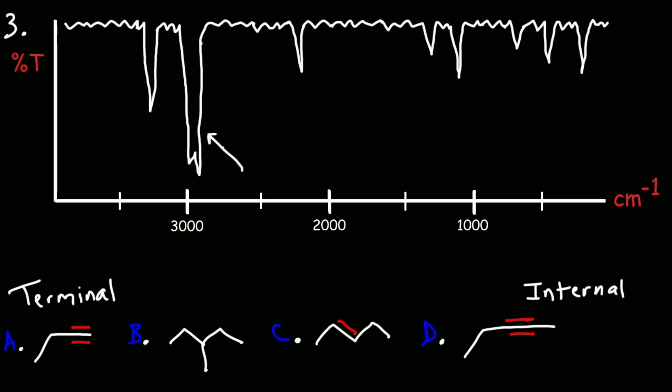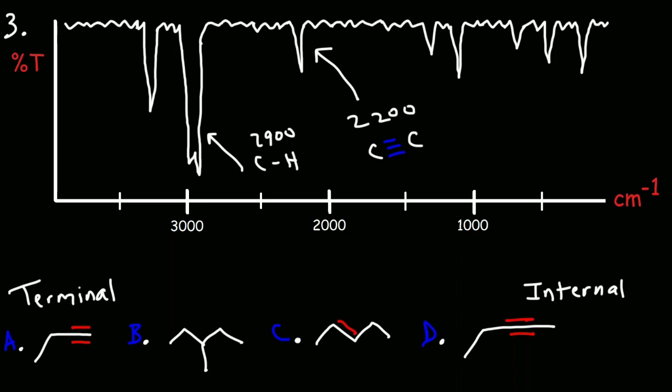Well, we have our typical CH stretch at 2900, which can be found in any one of these 4 molecules. But note that we have a signal here around 2200, and this corresponds to the C≡C alkyne stretch.